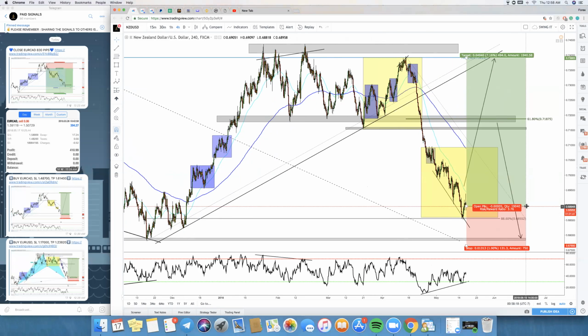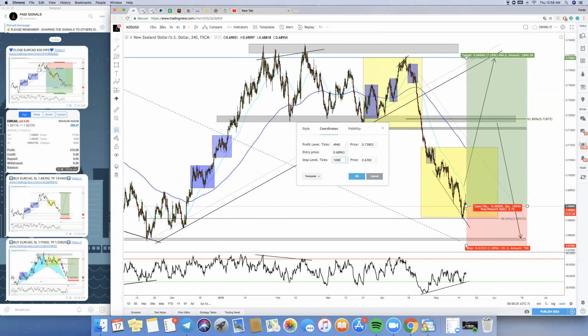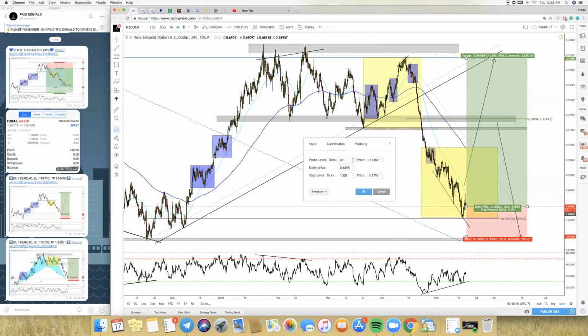And then let's see how many pips I'm risking and all that. All right, so I'm gonna risk 1,000 pips, and that basically puts it at 1% risk, and then the take profit is 495 pips.